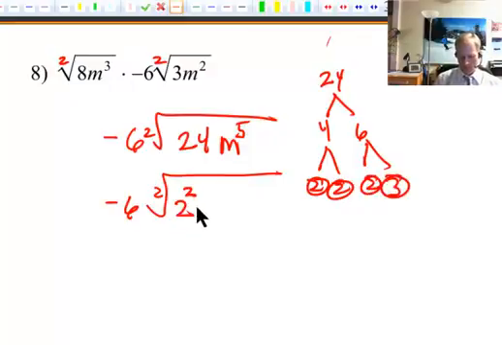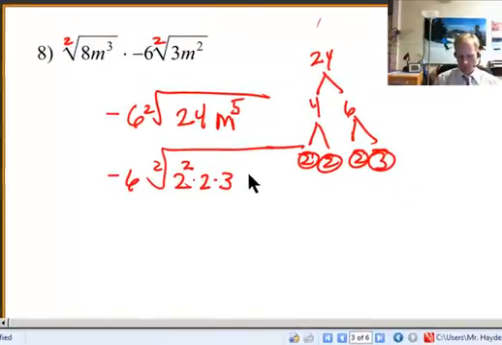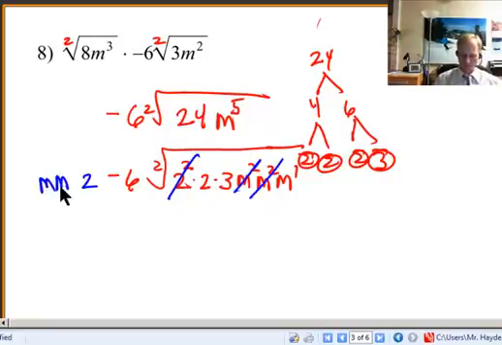I write it outside the radical. And then lastly, I'm going to multiply the -6, 2 and 2m's together and get -12m squared times the square root of what remains, 6m. And I'm all finished. I don't need to write 2 as the index. It's assumed that it's a 2 if you write nothing at all.